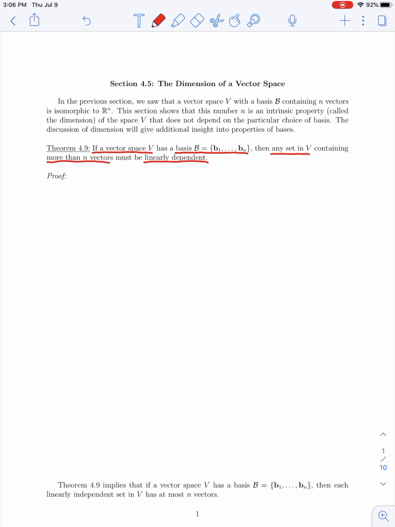So any set of vectors from the vector space V where the number of vectors is larger than the number of vectors in the basis must be a linearly dependent set.